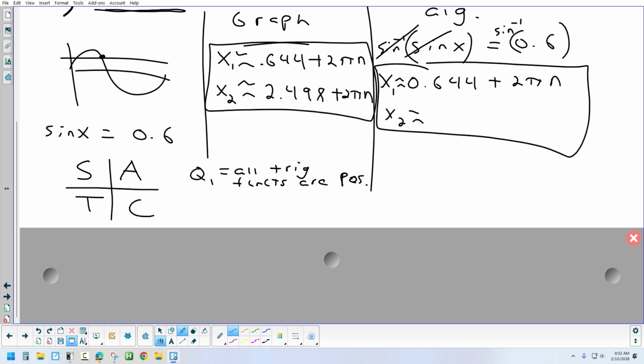Because if you flip something, if it started as positive and you flip it, it's still positive. In quadrant 2, quadrant 2 represents all the angles between 90 and 180. If you take the sine of any angle between 90 and 180, it will come out positive. Everything else is negative.